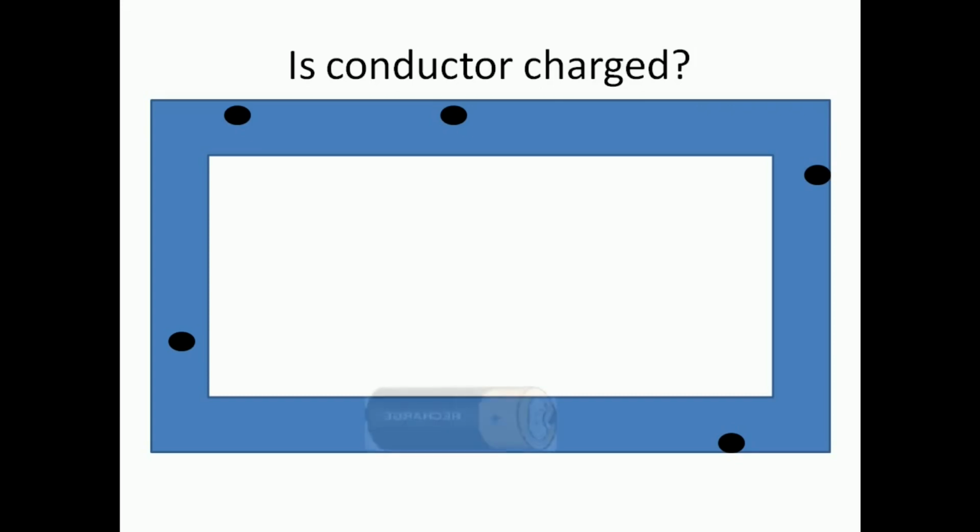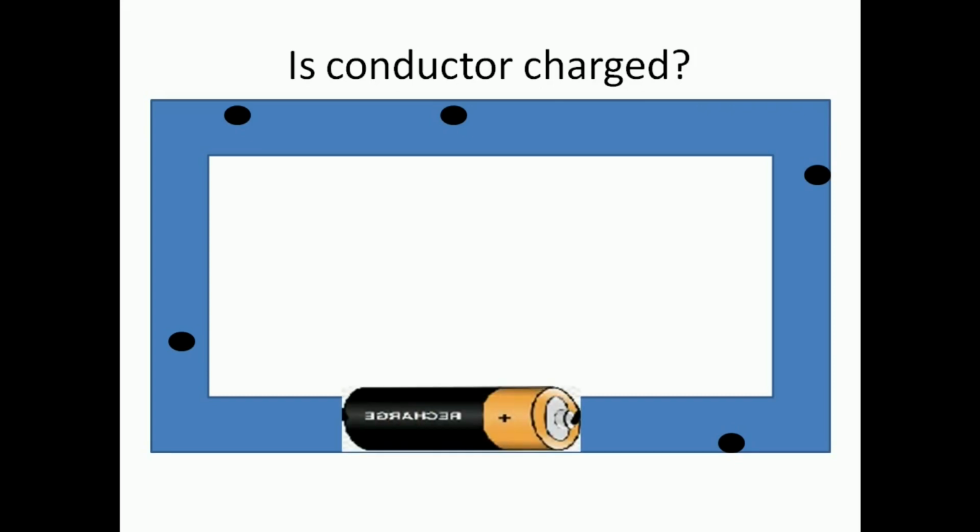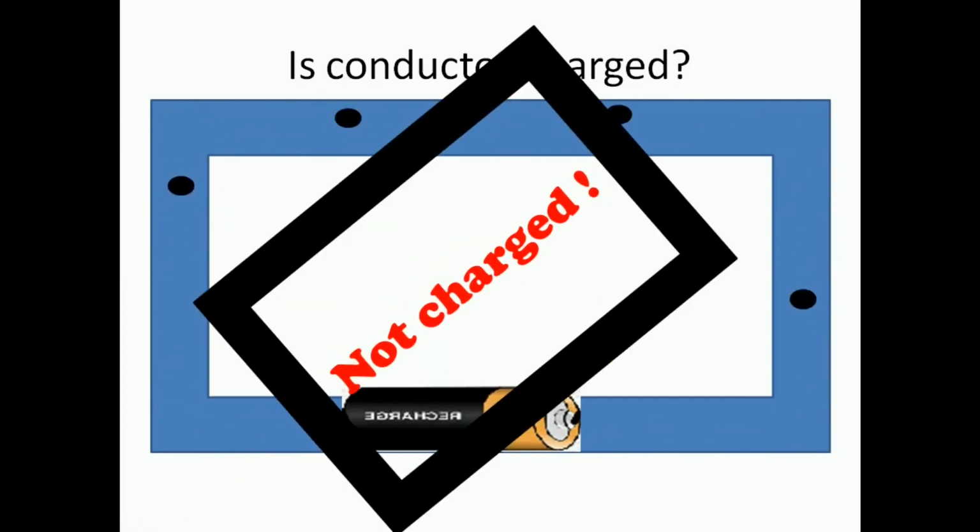Now when you apply the potential difference, these free electrons start moving. As such, I have not given any charge from outside, so this cell will also not give extra charge. This cell is only making the free electrons flow through the circuit, but it is not giving any extra charge. So a current carrying conductor is not charged.